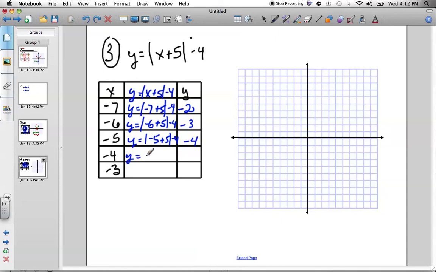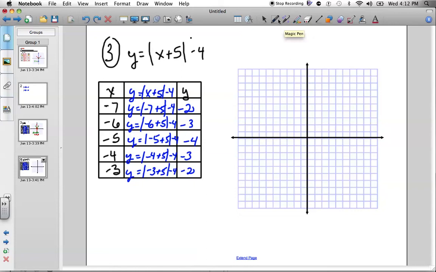Put in -4 for our input, we're going to get an output that is -3. And when we put in an input of -3, we're going to get an output of -2.